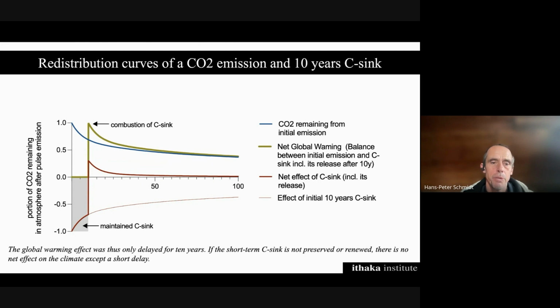And during the first 10 years, it's the same thing. It balances each other out. It's net zero, but then you lose your carbon sink, and that means your climate action was to delay the global warming effect for 10 years, right?